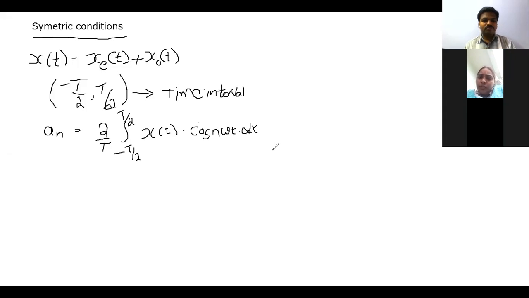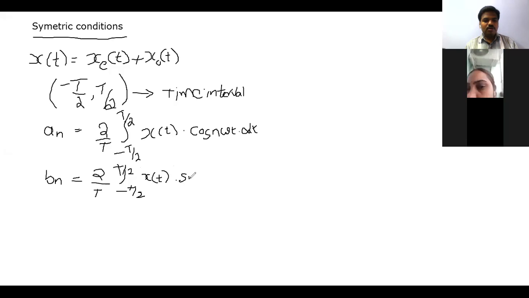So this is a n. Similarly, b n is also defined likewise, but instead of cos you will get the sine function. So 2 by T integral from minus T by 2 to plus T by 2 of x of t into sine n omega t.